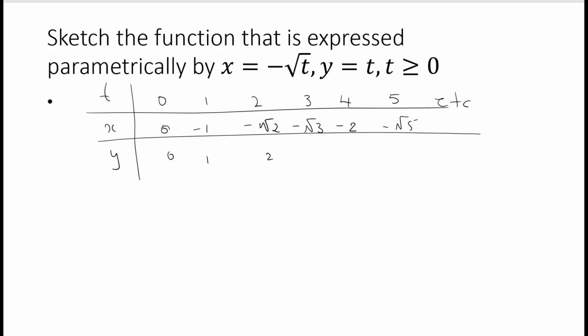And 1, 2, 3, 4, 5. Okay, now what that does tell us is that x is less than or equal to 0. We could be asked to write that algebraically, so let's have a look.